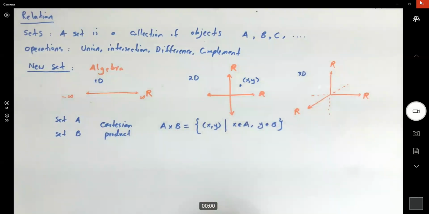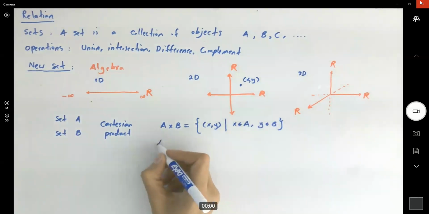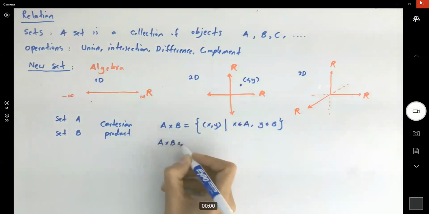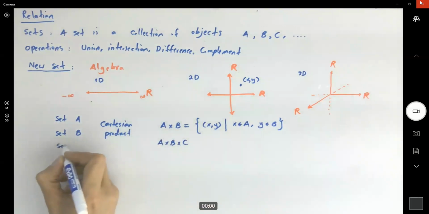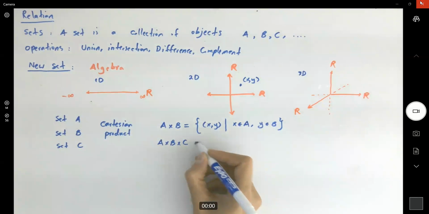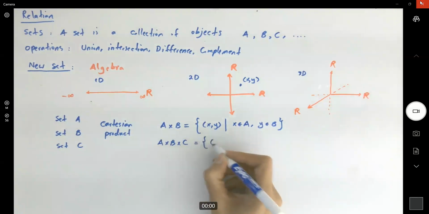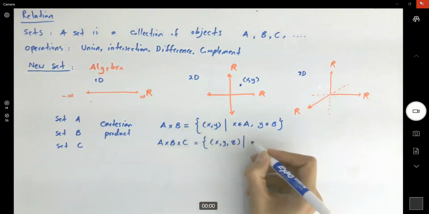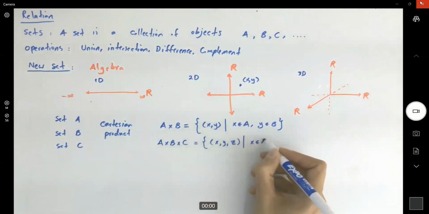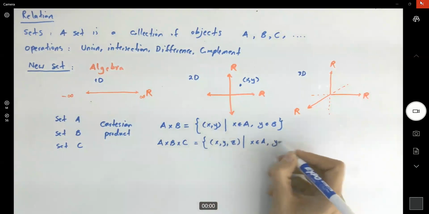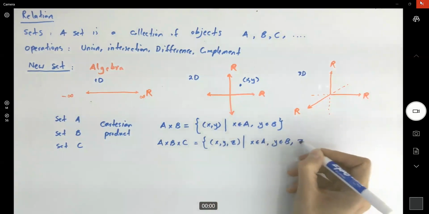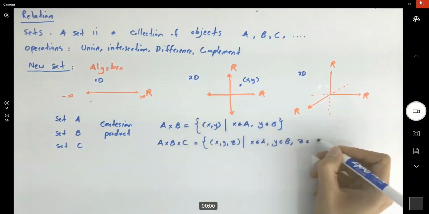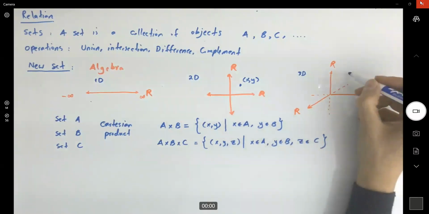Of course, you can expand the idea and have the Cartesian product between three sets, and you get triples (x, y, z), such that x belongs to the first set, y belongs to the second set, and z belongs to the third set C, like points in space.